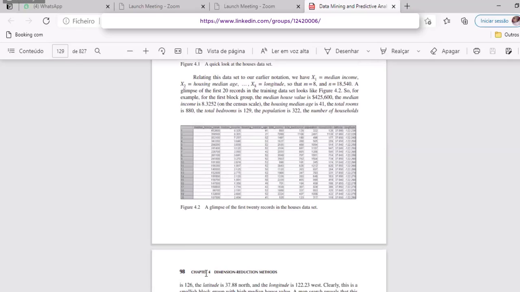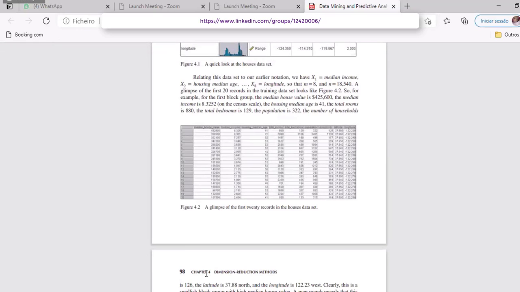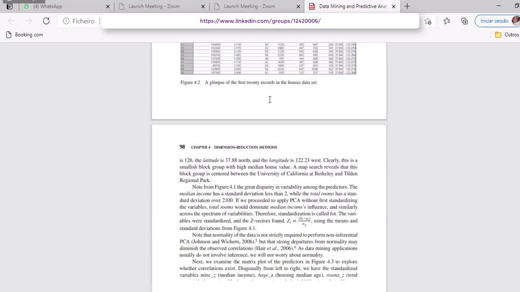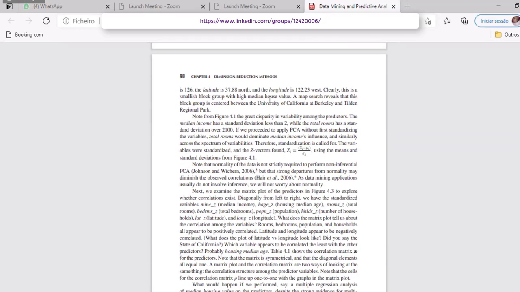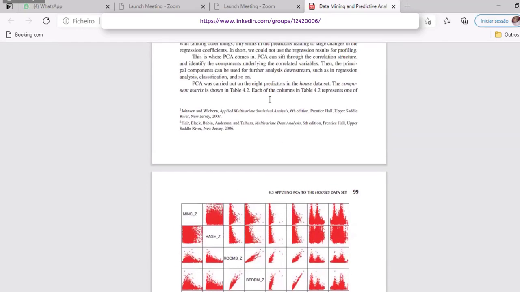And then we have a sample of the data, and it is explained that x1, x2 until x8 are the predictors that we have. But we are going to try to reduce this amount of predictors.